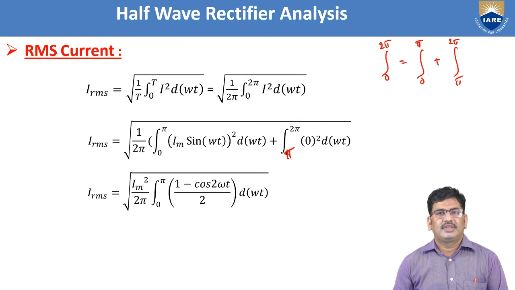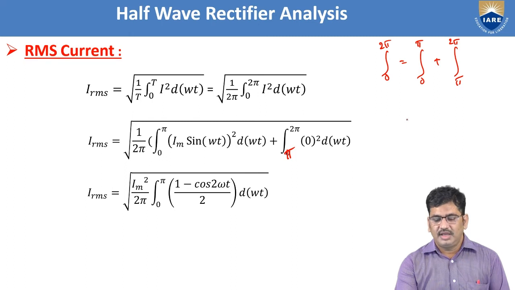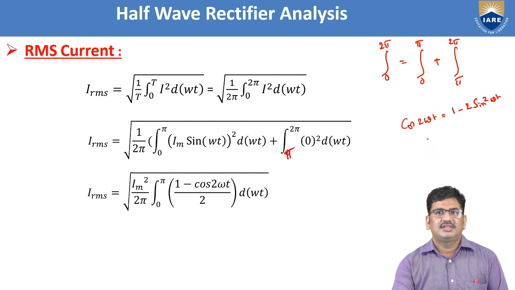By substituting sin square omega t in terms of cos 2 omega t, as we know, cos 2 omega t is equivalent to 1 minus 2 sin square omega t. From this, we can derive sin square omega t as 1 minus cos 2 omega t divided by 2. So in place of sin square omega t, we substitute 1 minus cos 2 omega t divided by 2.